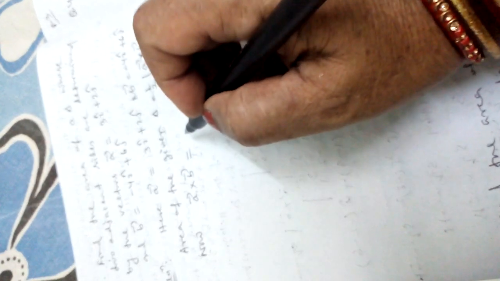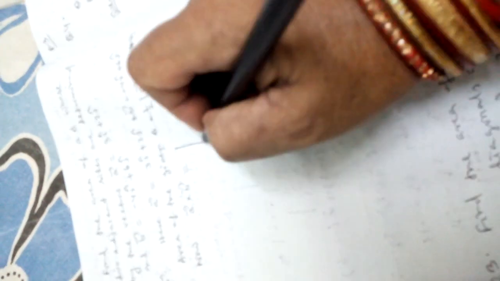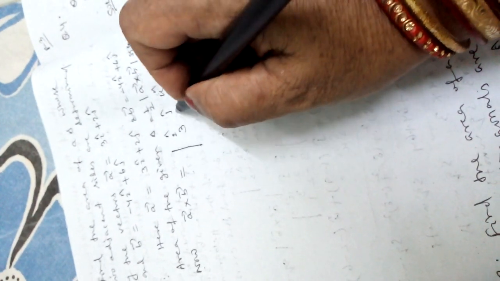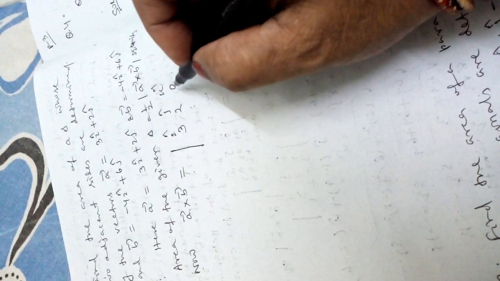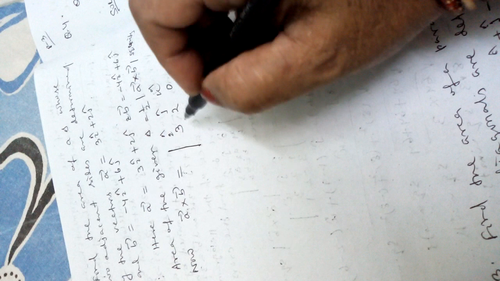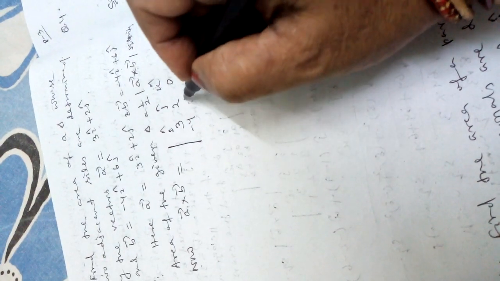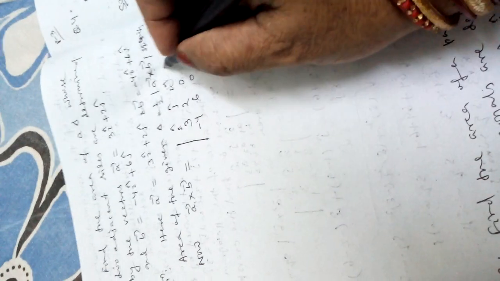Now vector A cross vector B is equal to, see the values of vector A and B, i cap, j cap, k cap, 3, 2, 0. The coordinate of k cap is 0. Then minus 4, 6, 0.